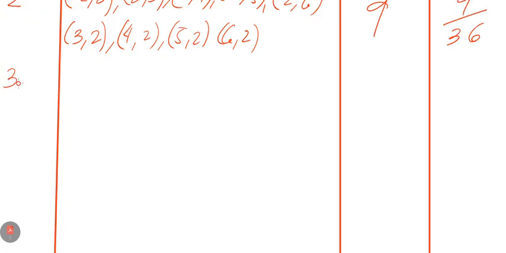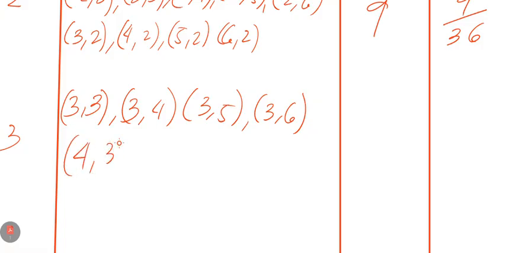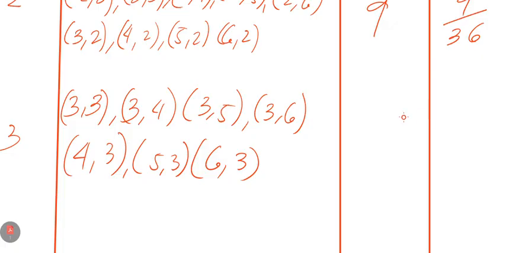We have 3 and 3, 3 and 4, 3 and 5, and 3 and 6. Next we have 4 and 3, 5 and 3, and 6 and 3. In total that's 7 of them, which gives us 7 out of 36.